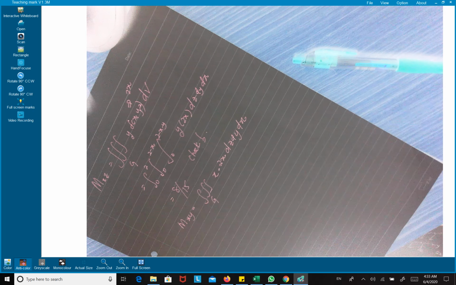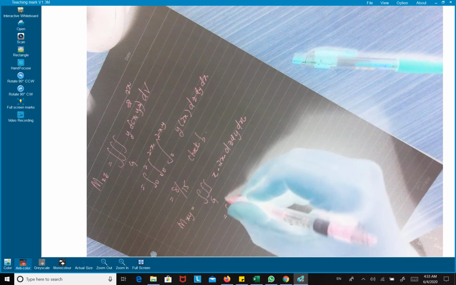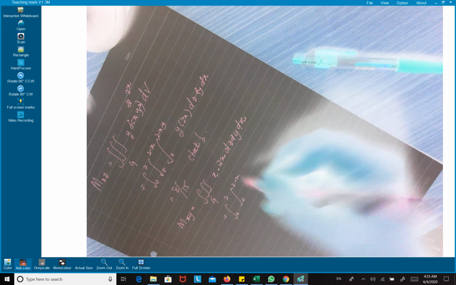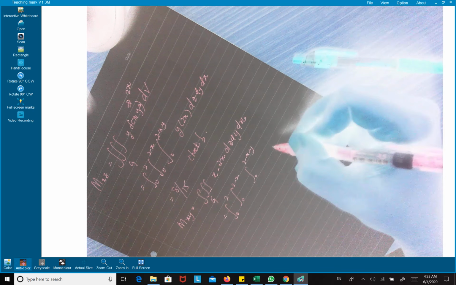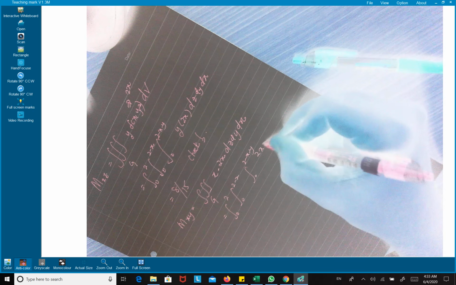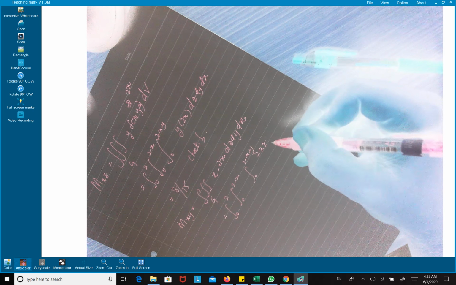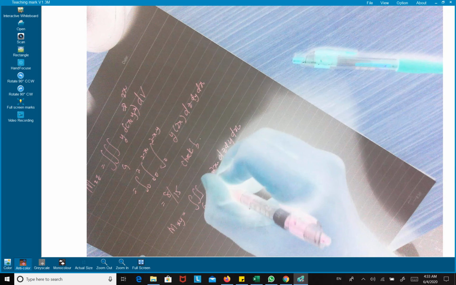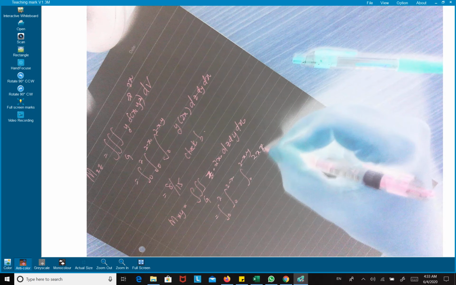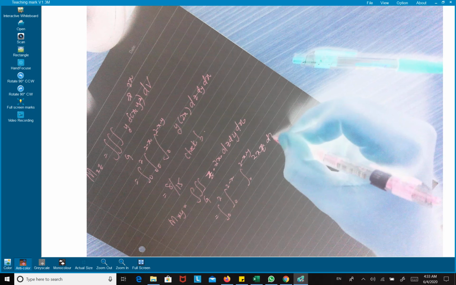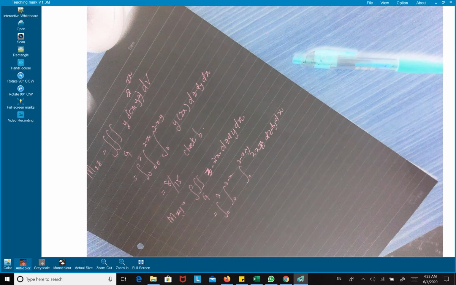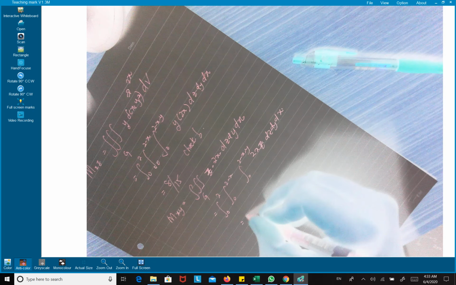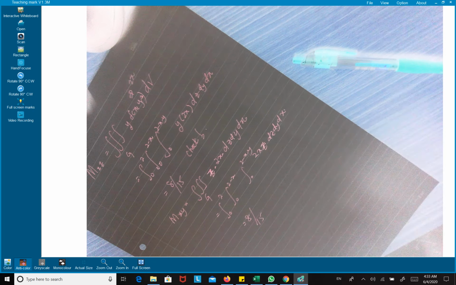So this is 0 to 2, 0 to 2 minus x, and 0 to 2 minus x minus y, 2xz, here will be z, sorry, 2xz, dz dy dx. So again you will get 8 over 15.